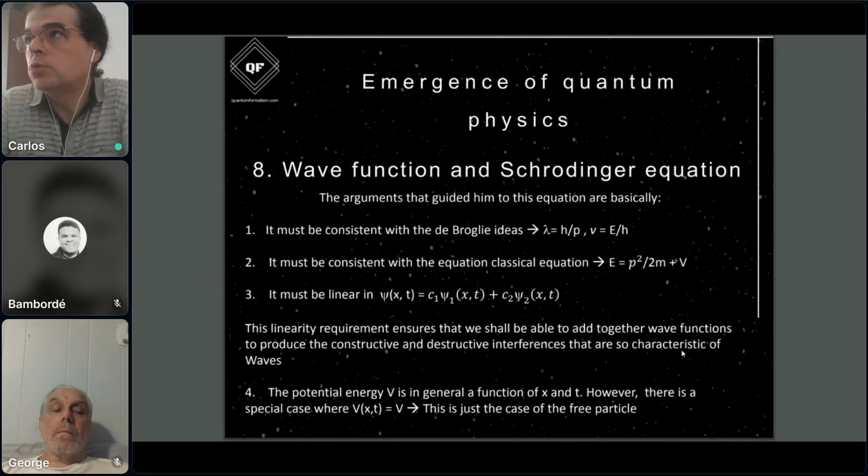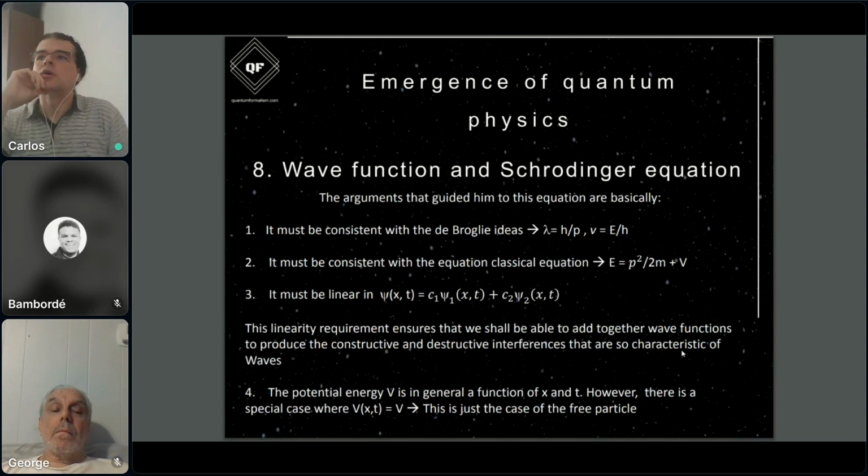We already know that particles have this behavior because of de Broglie's ideas. And the potential energy is in general a function of x and t, however there is a special case where it's constant: that's the case of the free particle.